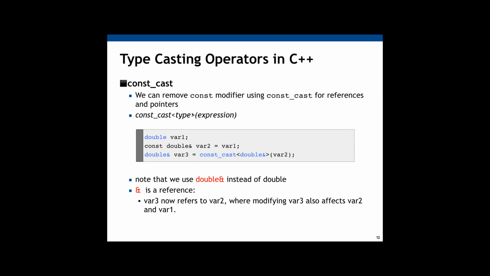Going back to the const cast operator, the syntax of const cast is similar to static cast. You put the type within the angle brackets and the expression in round brackets, and you use the const_cast keyword here. So this is how you use a const cast operator.